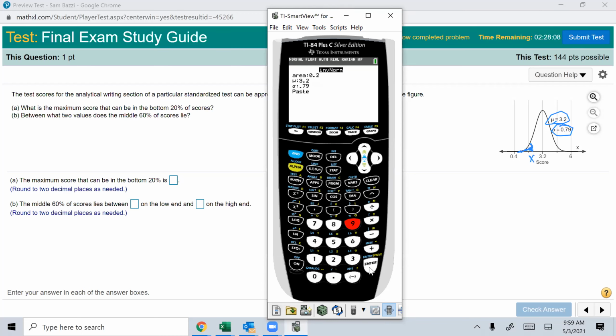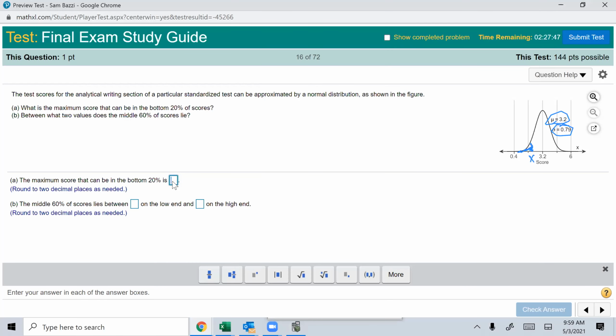And for sure, guys, your answer is going to be less than 3.2 because it's an area below the mean. Here you go. He wants the answer to 2 decimal places, so you just put 2.54.